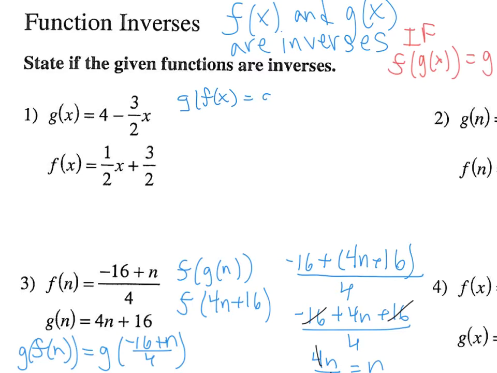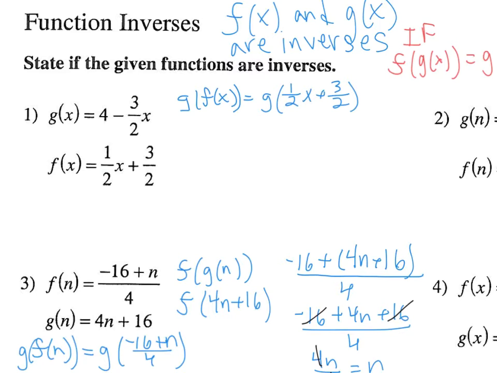which is going to be the same thing as g of, the whole thing of f of x is now my input, 1/2 x plus 3/2. Oops, forgot another parenthesis there. And then that is going to equal, again, all of this is getting put in for x in the g function.